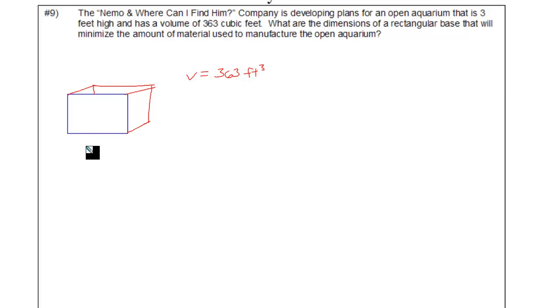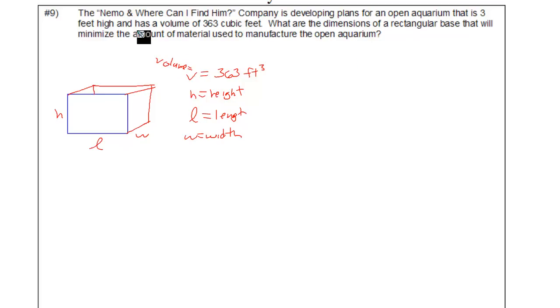This base is a rectangle. We'll call this length and width. We'll call this the height. When you write variables, you need to define them. L is the length. W is width. And I should say here that V is volume.